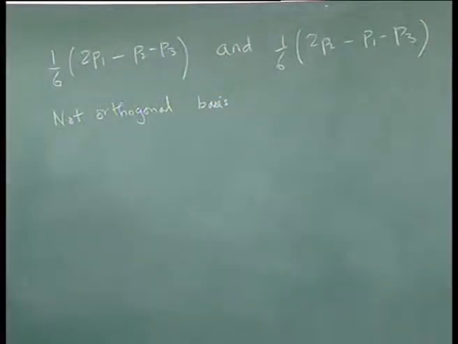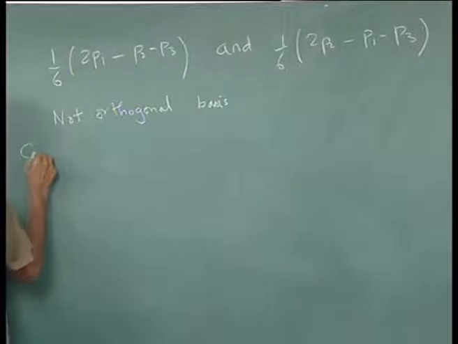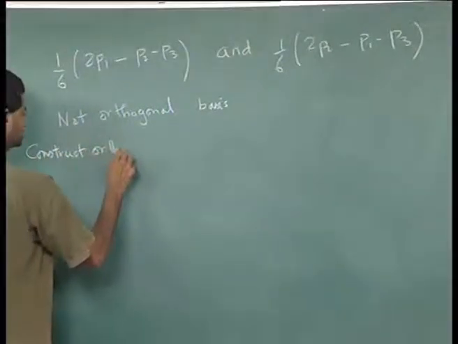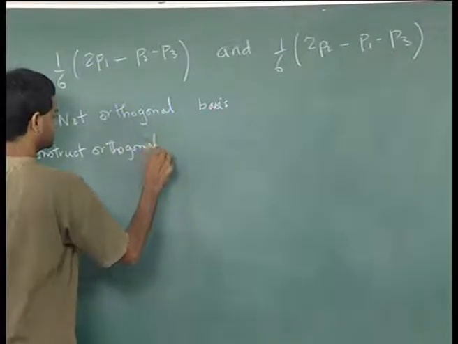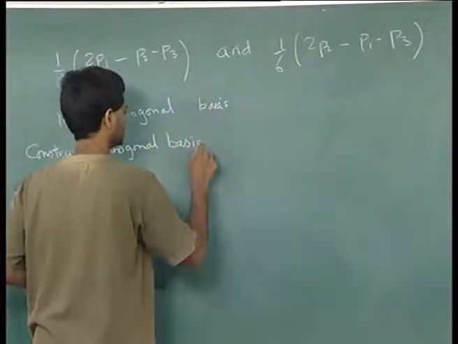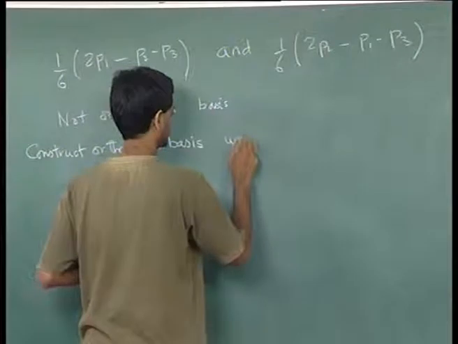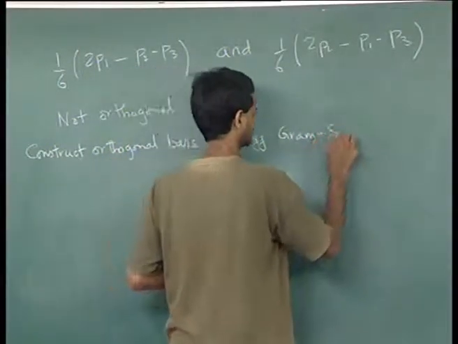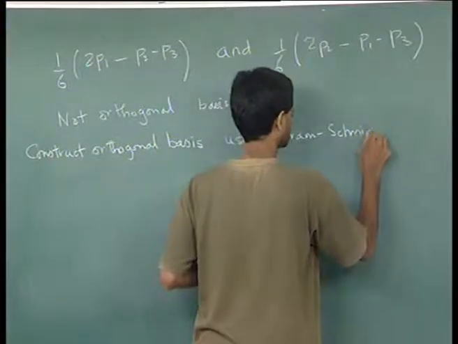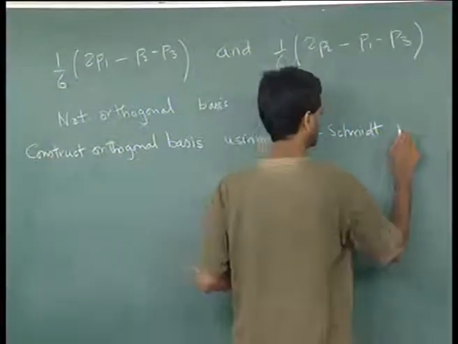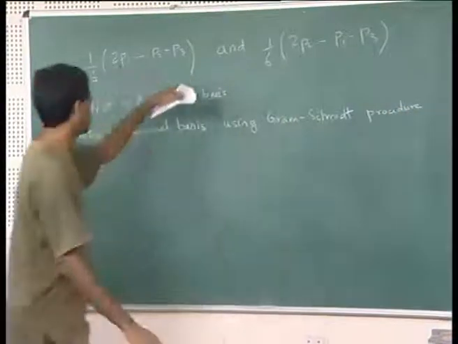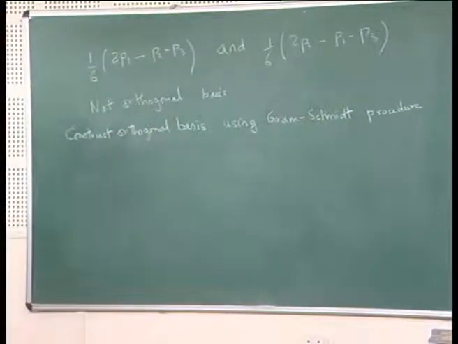So if you want, we can construct an orthogonal basis using the Gram-Schmidt procedure. I can take any one of these and construct the other one using Gram-Schmidt.